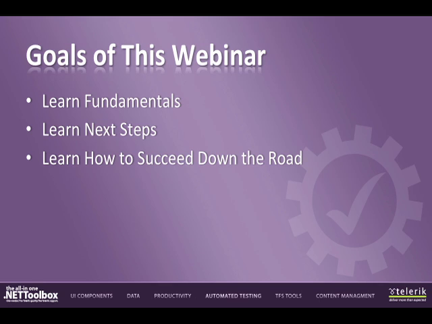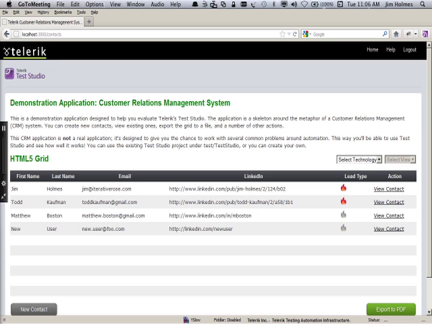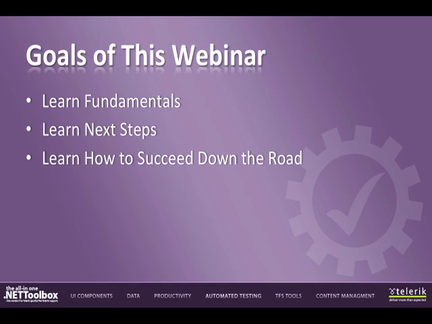This is a really common pattern that I've seen time and time again, regardless of the tool set, regardless of the teams. So what I'm going to try to do is help you work through some of those issues as I'm helping you learn about web automation fundamentals.